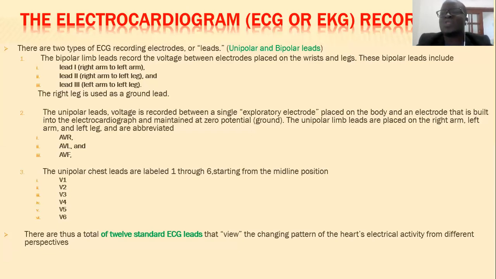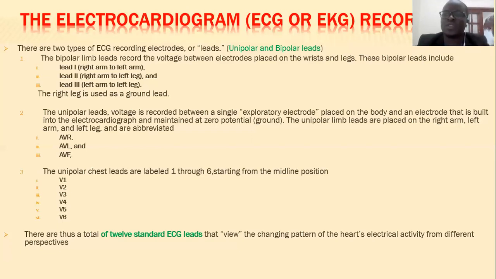Then on top of that, you also have 6 unipolar leads. These are called chest leads or precordial leads. They are the ones that you connect on the chest in the 4th and 5th intercostal spaces. So these are V1, V2, V3, V4, V5, and V6.